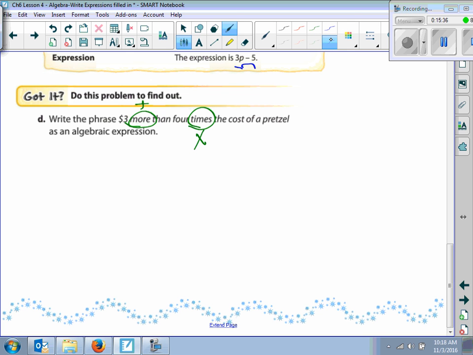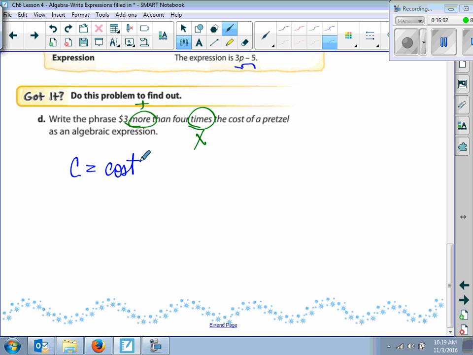Now I want to define my variable. So again, we're going to read the sentence again. 3 more than 4 times the cost of a pretzel. What's your variable? Cost. So it's C for cost.